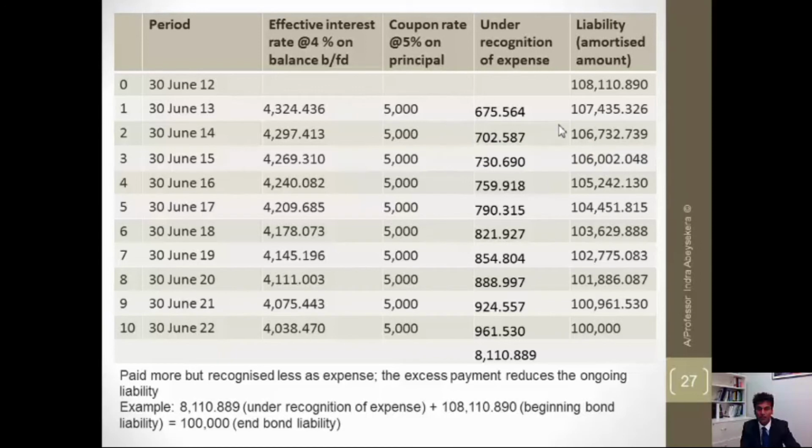The difference, 702.587, decreases the liability. So the new liability at the end of the second year becomes 106,732.739. So you can see that the liability keeps decreasing, and ultimately it becomes the settlement value, 100,000.